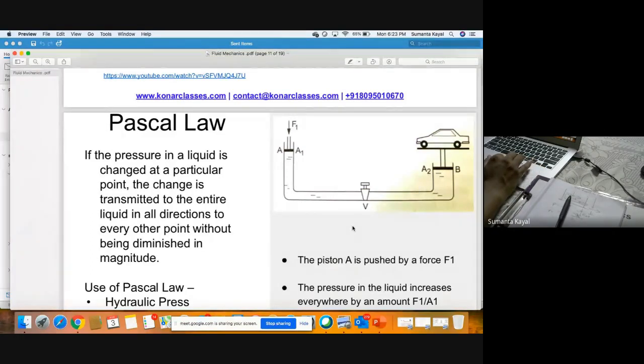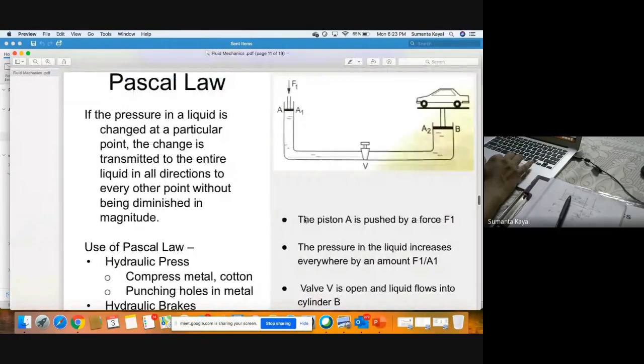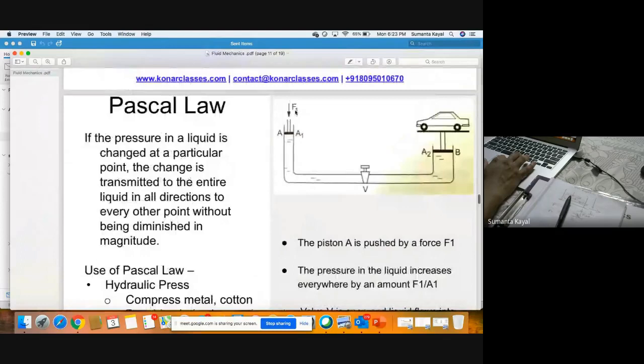Now, what we see here: if I put force F1 here, and the area is A1, this cylinder area is small. On the right side, the B cylinder area is much bigger, this bigger area is A2.